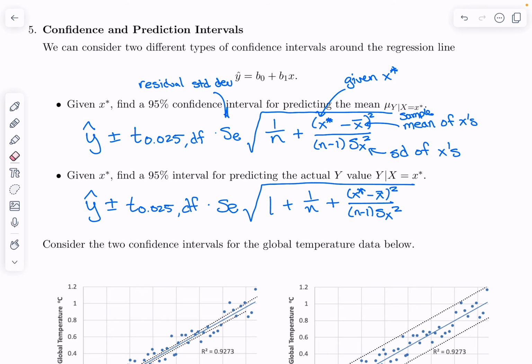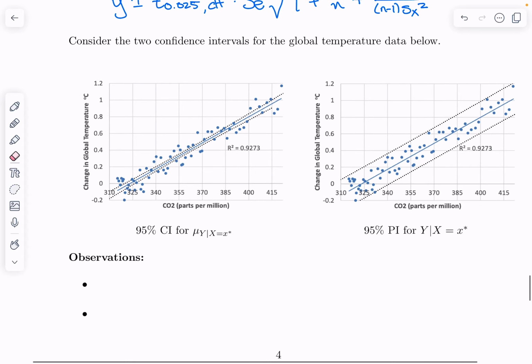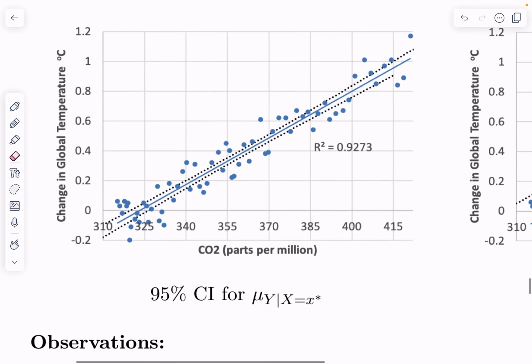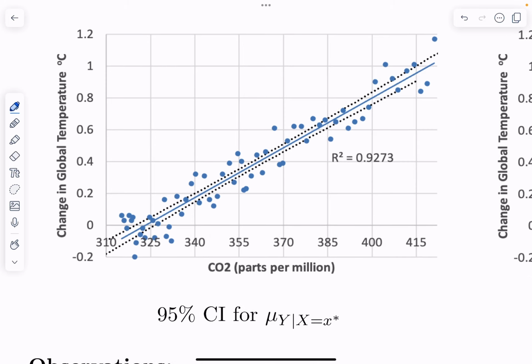So let's look at a couple pictures for our global temperature data below. I'm going to start with the 95% confidence interval given x equals x star. You'll see that most of the data points actually don't lie within the 95% confidence interval.